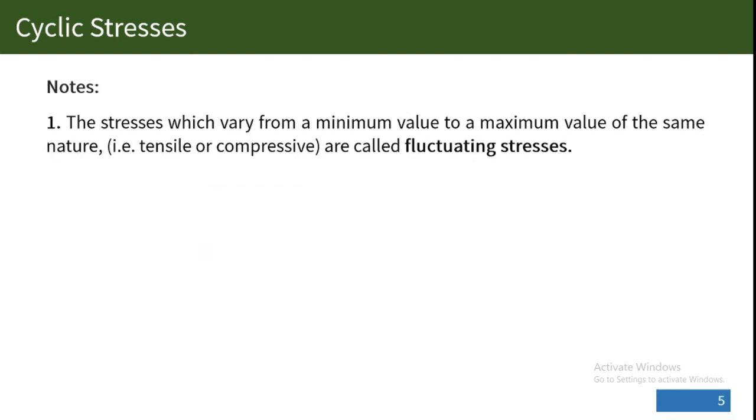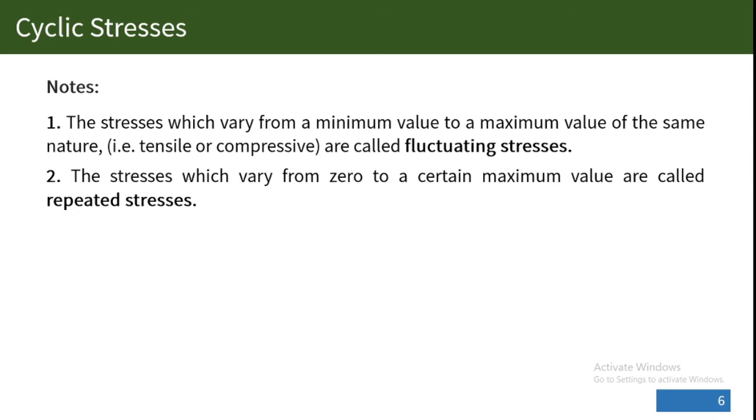So please take note that the stresses which vary from a minimum value to a maximum value of the same nature, so for example, if it is either tensile or compressive, are called fluctuating stresses. Second, the stresses which vary from 0 to a certain maximum value are called repeated stress. Alright?